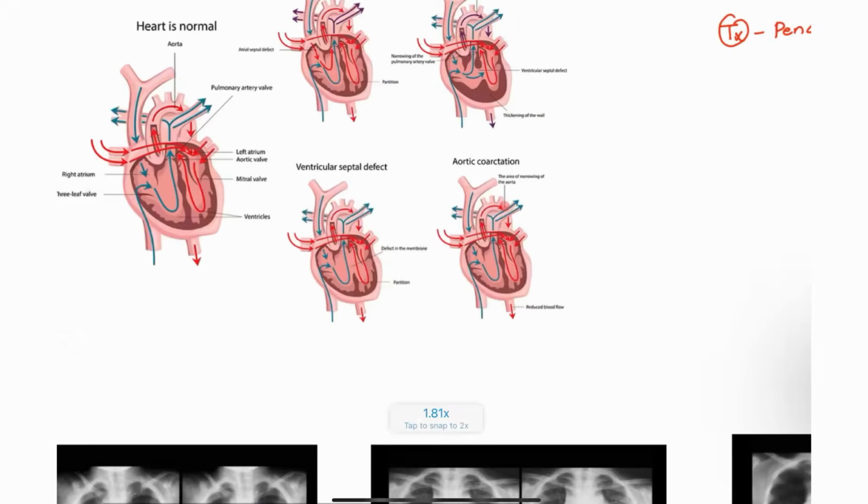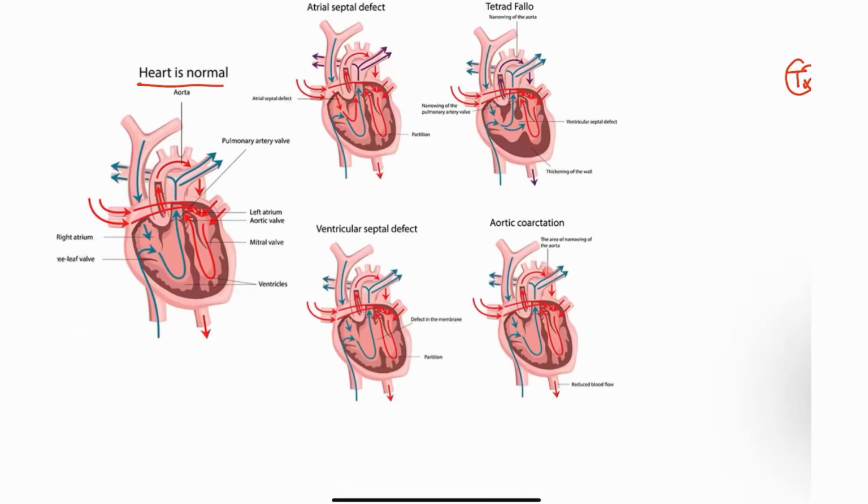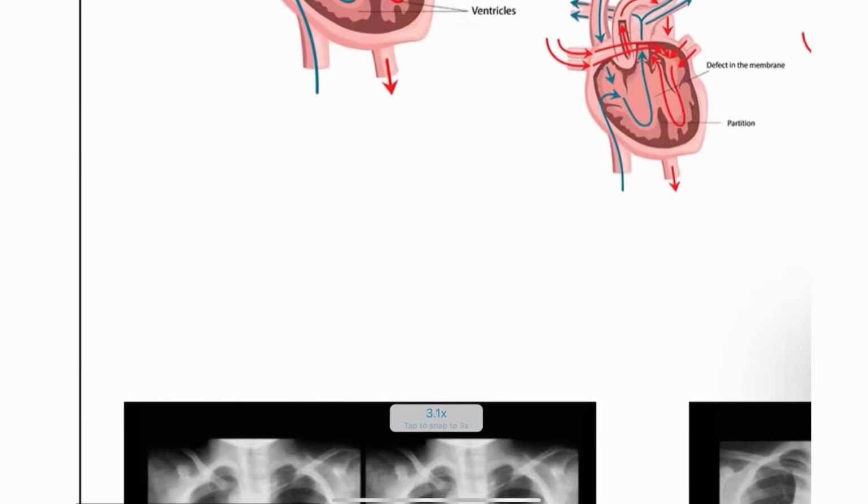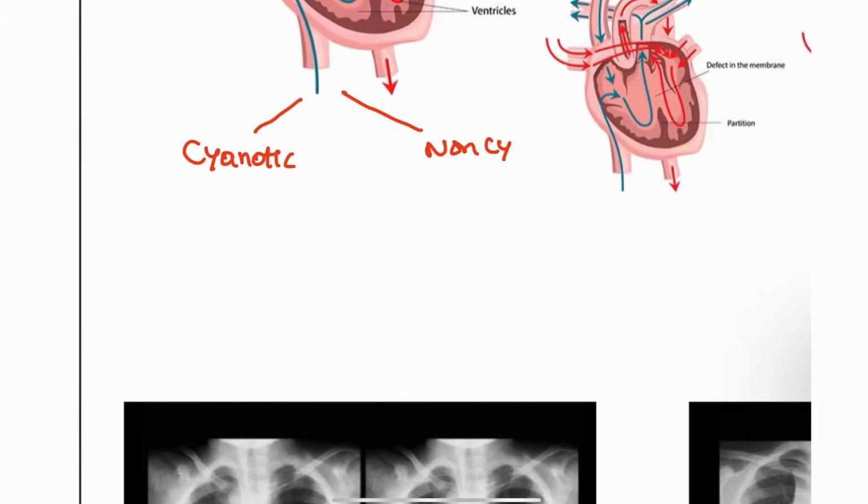Next, moving on to heart diseases, guys. Congenital heart diseases. First you have to remember that congenital heart diseases are divided into cyanotic and non-cyanotic. Among cyanotic, we commonly have tetralogy of Fallot.